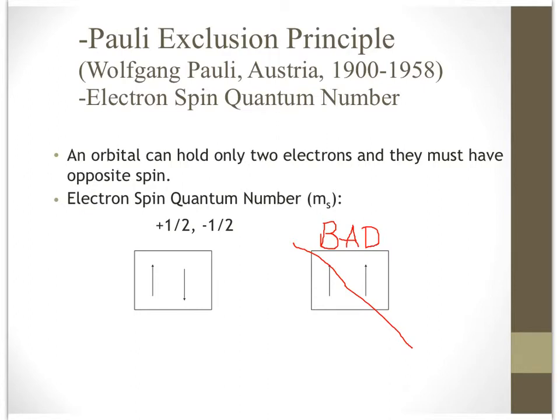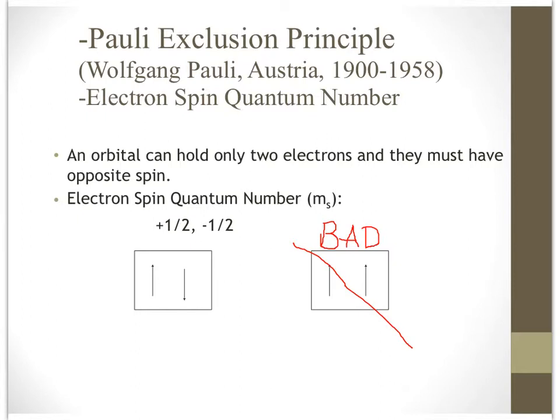Each orbital can hold a maximum of 2 electrons. And because each electron needs to have its own particular address, its own particular set of 4 numbers, they can't be the same because if they're in the same exact orbital, they're going to have 3 numbers in common, right? They're going to be the same energy level, the same subshell, and the same box, basically.